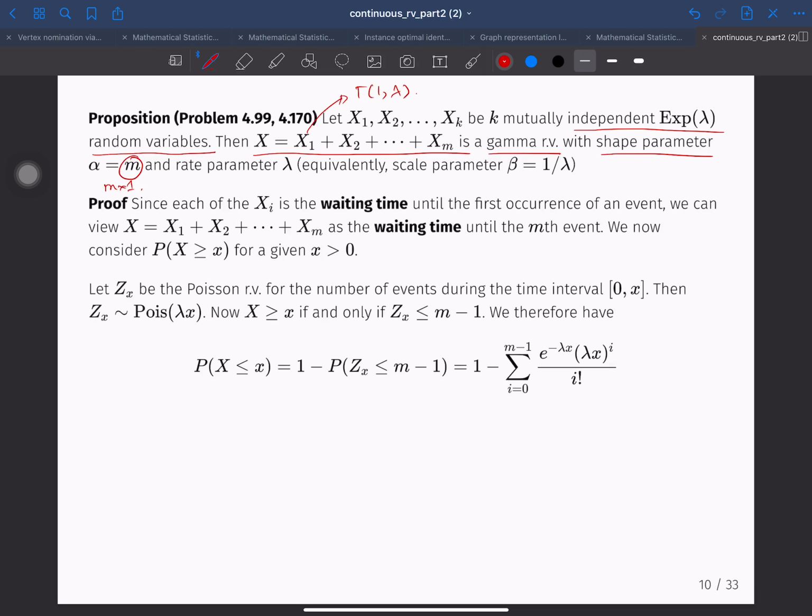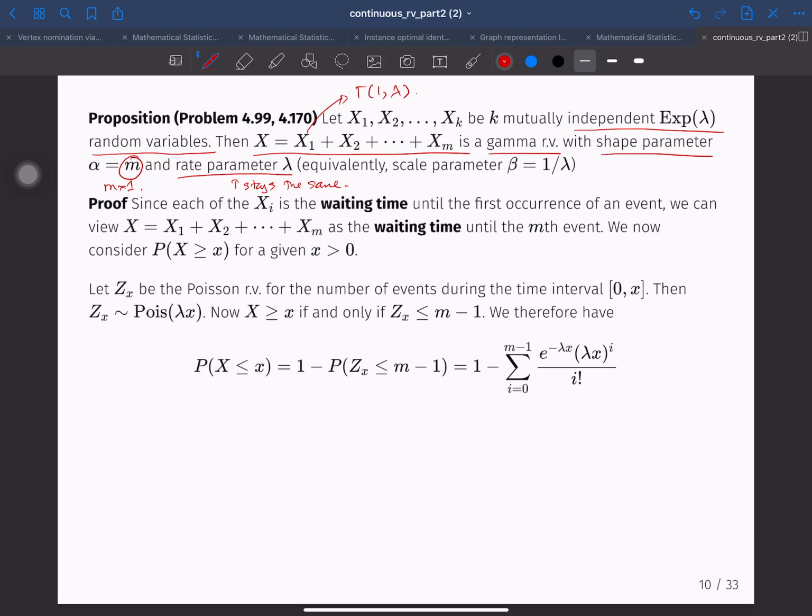So the shape parameter becomes m, but the rate parameter stays the same. So a sum of independent exponentials turns out to also still be a gamma random variable, with the shape parameter properly changed, but the scale parameter or the rate parameter stays the same.